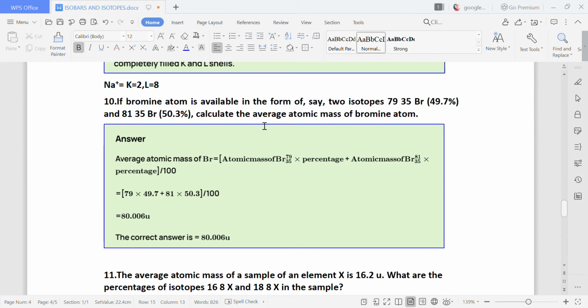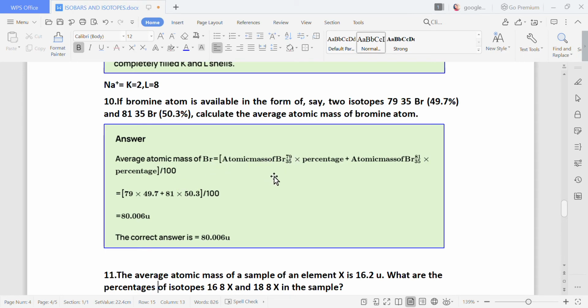They want us to calculate the average atomic mass of bromine. Now, children, this is the formula for calculating the average atomic mass. The average atomic mass of bromine is calculated like this: atomic mass of the first isotope into its percentage plus atomic mass of the second isotope into its percentage, divided by 100, right?